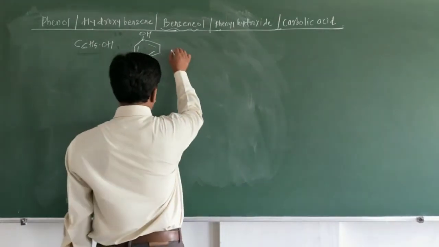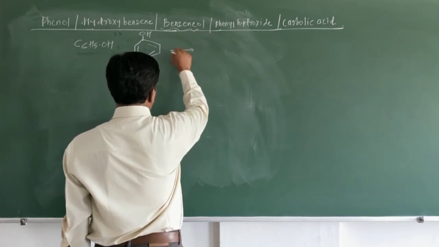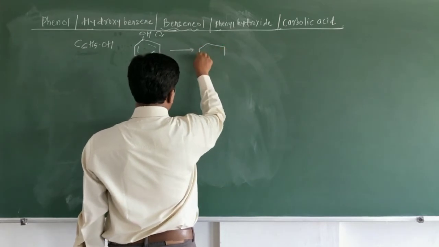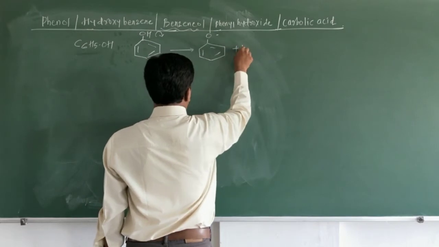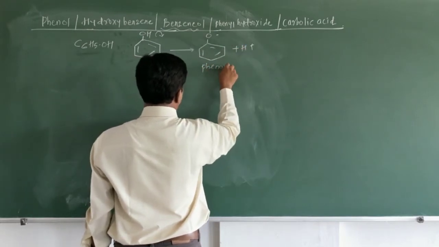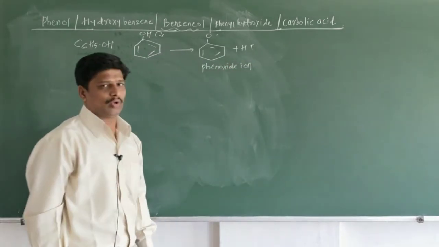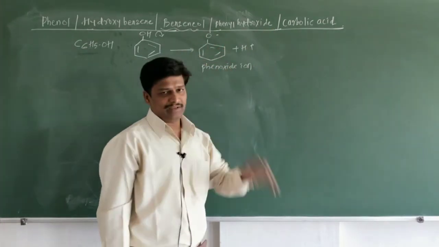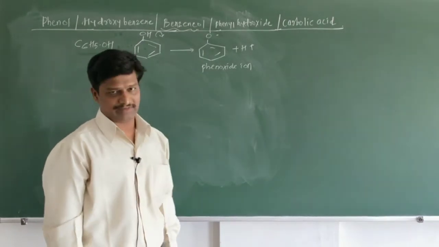In reactions, phenol donates H plus ions or protons, forming the phenoxide ion and H plus ions. Again I will repeat: phenol donates an H plus ion or proton, and therefore it acts as an acid in nature. Therefore phenols are also known as carbonic acid.